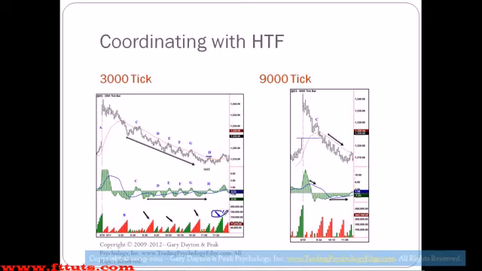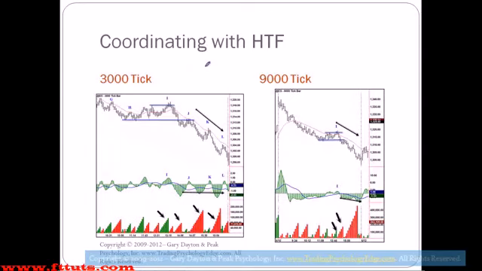I put this in blue or purple. That signals that the morning session might be over, and this is typical for the S&Ps. It tends to go into 11:30 or 12 o'clock, and then we get a noon hour consolidation, right? And there we get that consolidation.